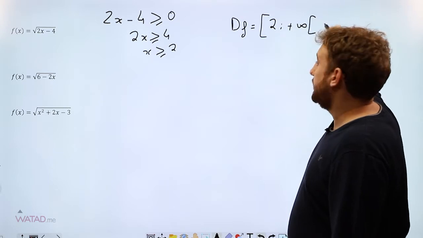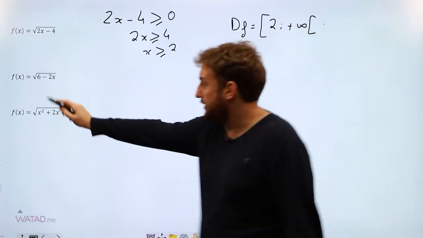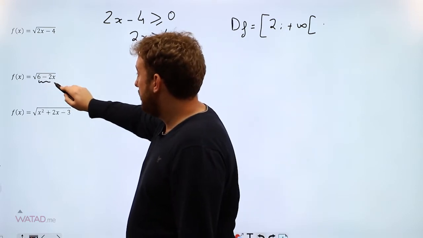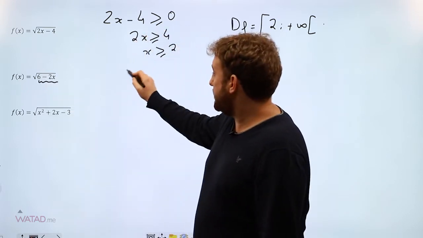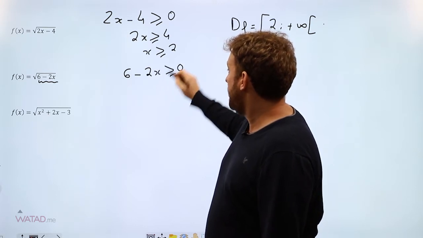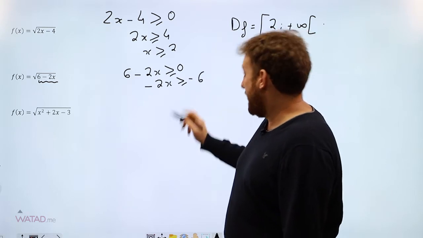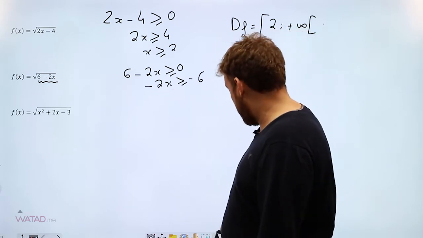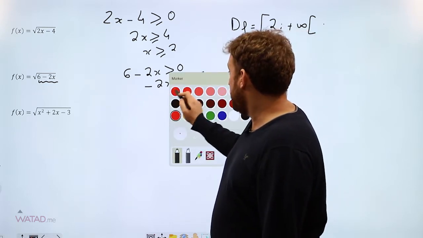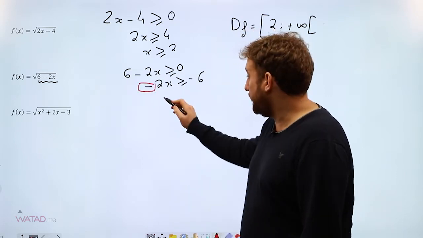Similarly, if you have the radical of 6 minus 2x, the interior of the radical should be positive. So 6 minus 2x is positive. So minus 2x will be bigger than minus 6. And here you should pay attention, because we have the minus, so the order should flip.